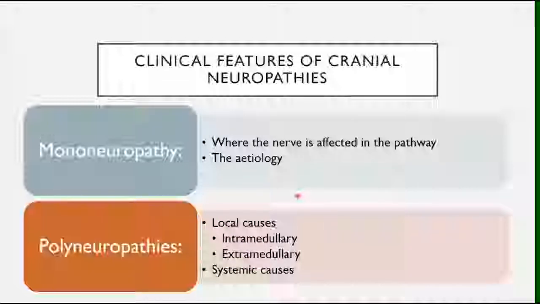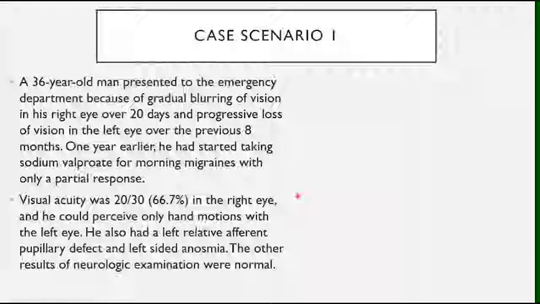So we'll jump straight into a case, because this will be a case-based presentation and we'll be learning from the cases. We can start with Caroline. A 6-year-old man presented to the emergency department because of gradual blurring of vision in his right eye over 20 days and progressive loss of vision in the left eye over the previous 8 months. 1 year earlier, he had started taking sodium valproate for morning migraines with only a partial response.